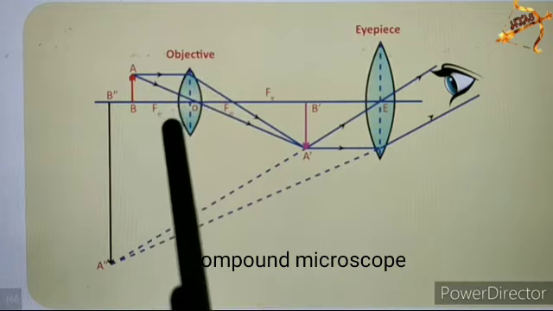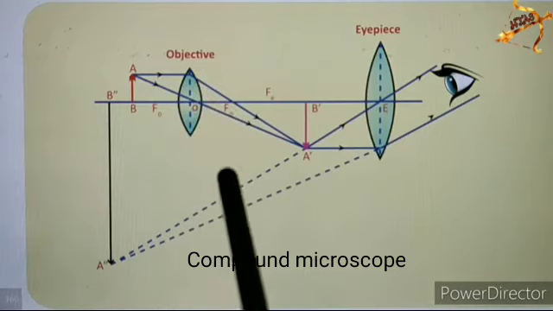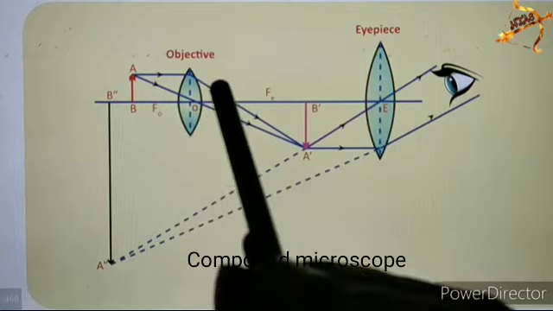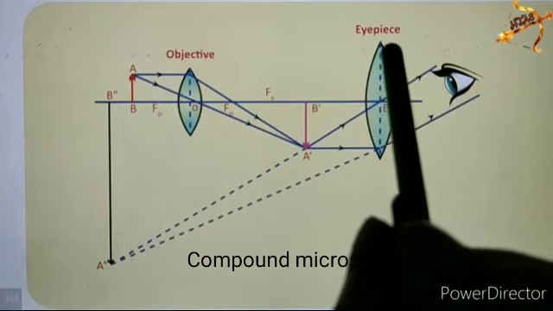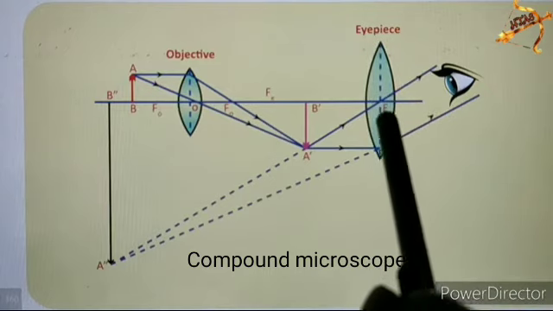The lens with larger focal length and larger aperture placed near the observer's eye is called the eye lens. Both the lenses are fixed in a narrow tube with adjustable provision.